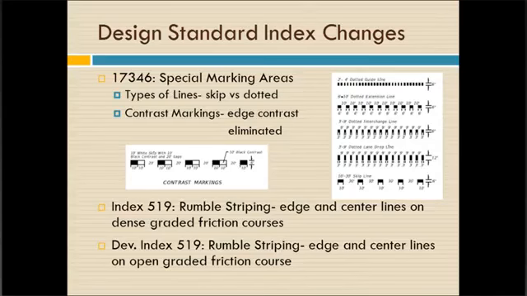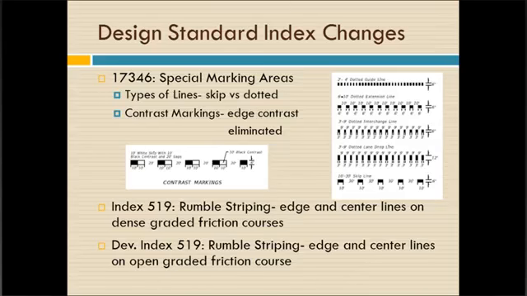We used to have a 9-inch contrast marking, which had 6 inches of white with 1.5 inches of black on each side. We are discontinuing or eliminating the edge line contrast. All contrast markings from now on will be the white followed by a black.